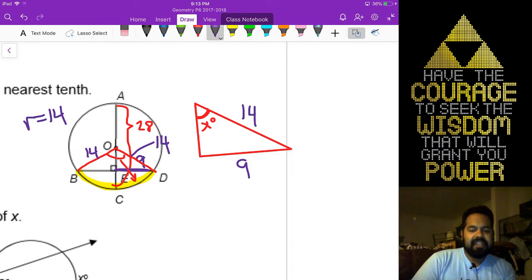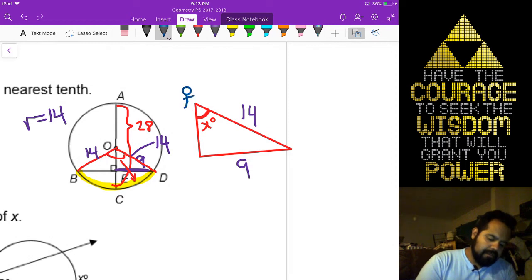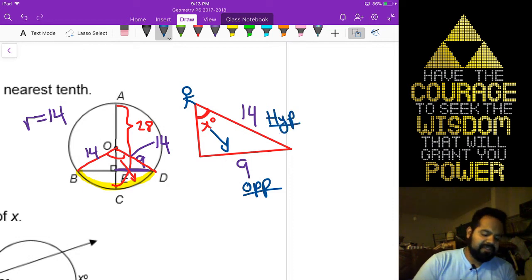Alright, so standing at that corner with our little stick figure, I have the opposite side. Come on, why does it do that? And I have the hypotenuse. So we have the opposite and the hypotenuse. You're thinking SOHCAHTOA. That's going to give us sine.